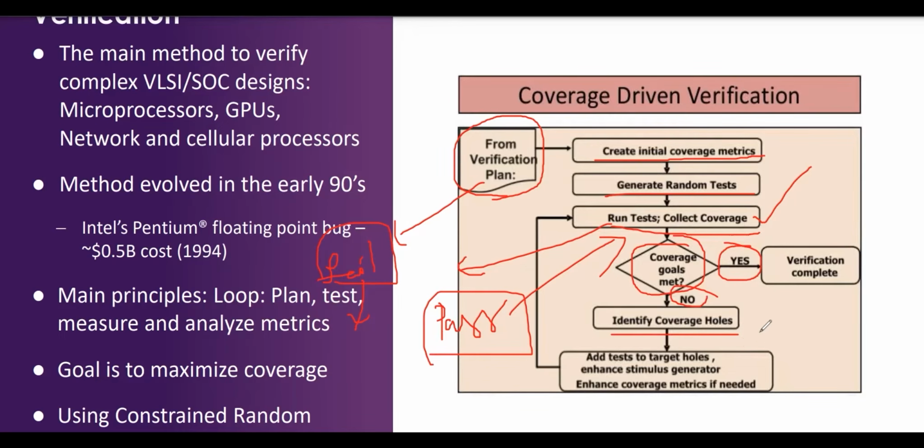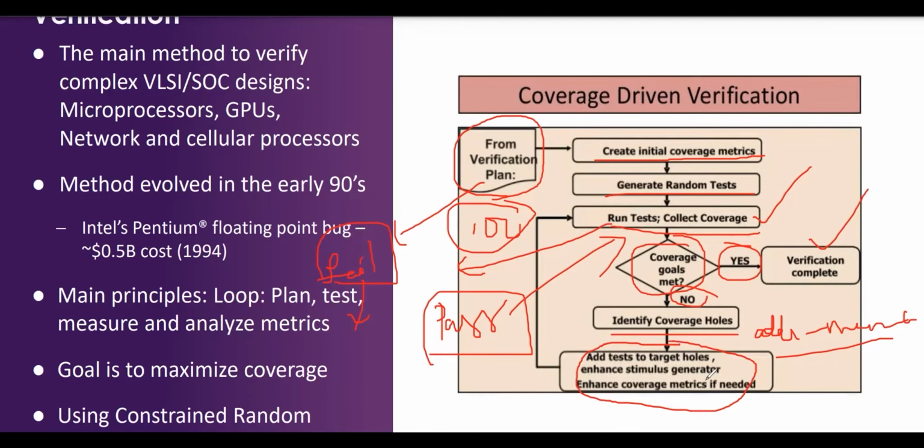Suppose a bin is there, address, some mem cov. If you want to hit this particular bin, which test case do we need to run? We have hundreds or thousands of test cases. So whatever leftover bins are there, we need to analyze by running which test cases we can hit the bins. If hit, verification is completed, and if not, identify the coverage holes and add tests to target holes.